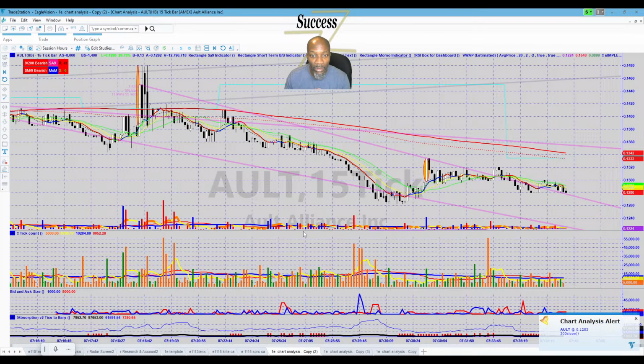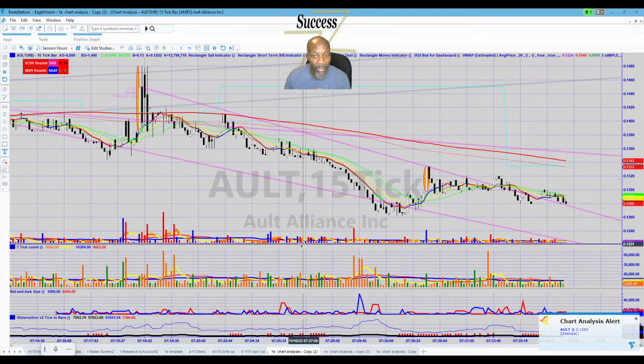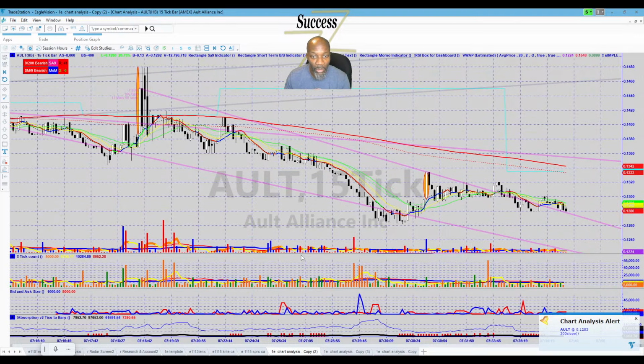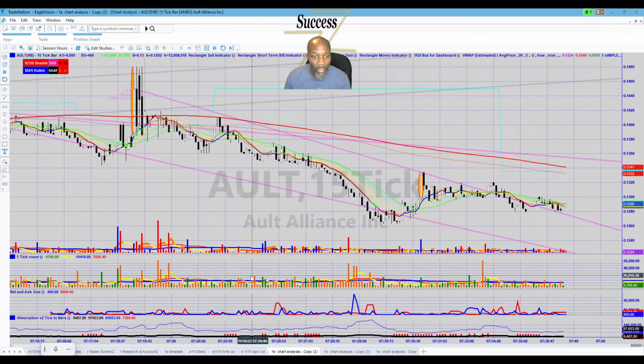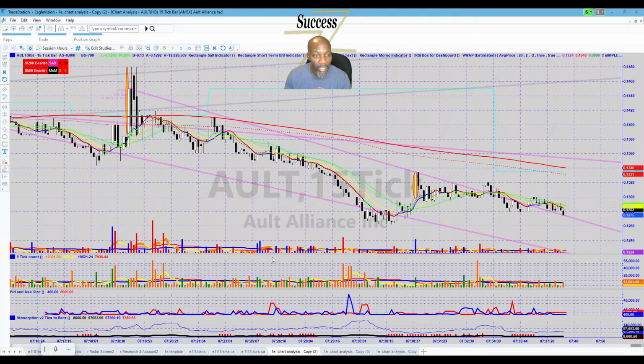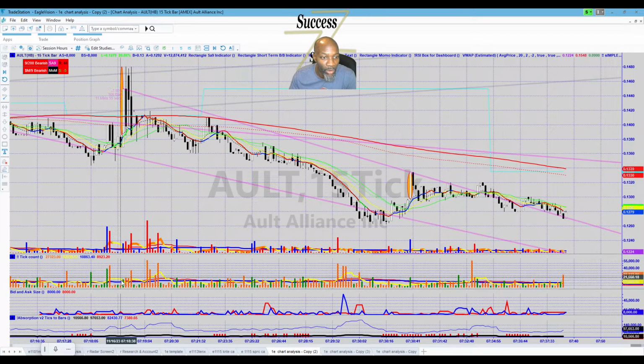For the most part, and this chart is a little bit different, but like I said, if you compare all these bars, this bar and this bar, these two came up, this one, this one, all these bars are relatively the same.